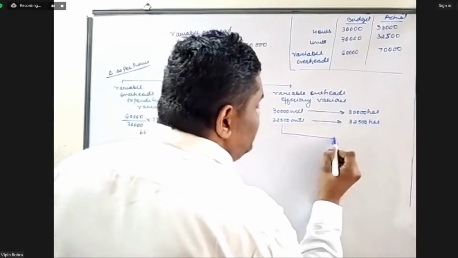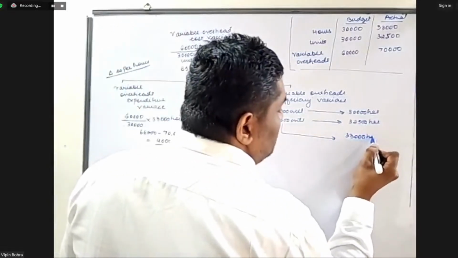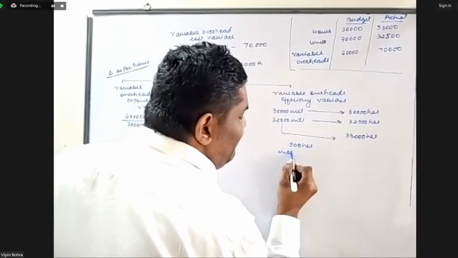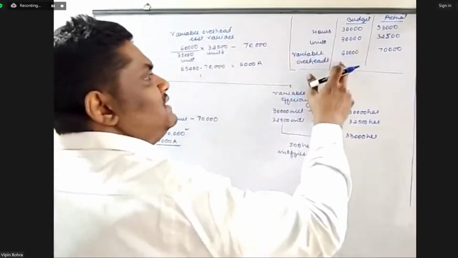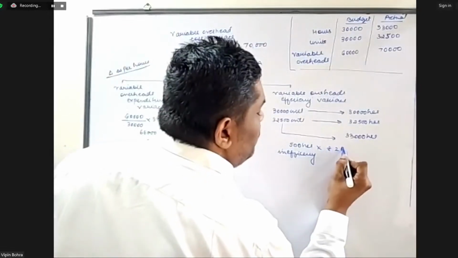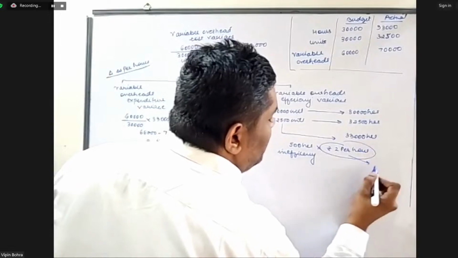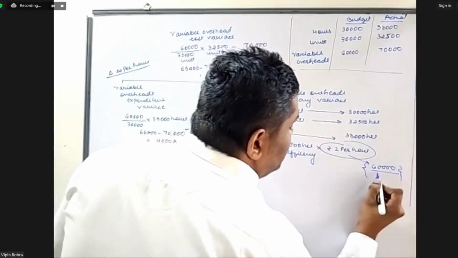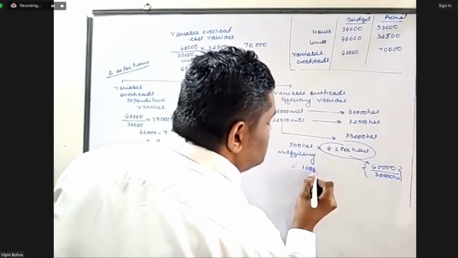But to manufacture these 32,500 units, we took 33,000 hours. That is 500 hours of inefficiency, into the rate per hour, that is 60,000 divided by 30,000, that is rupees 2 per hour. How come 2 per hour? 60,000 divided by 30,000 hours. So this will be 1,000 adverse.